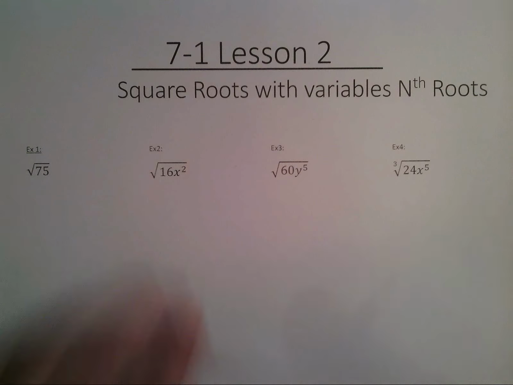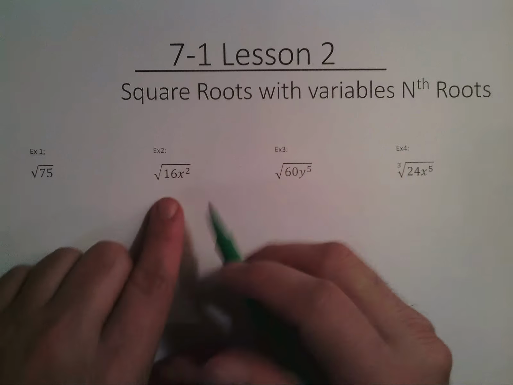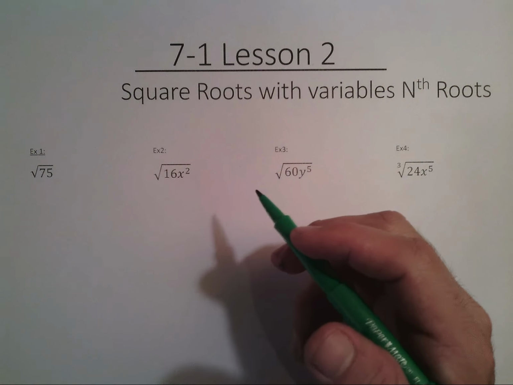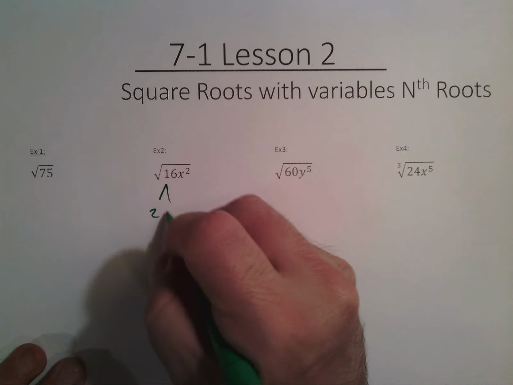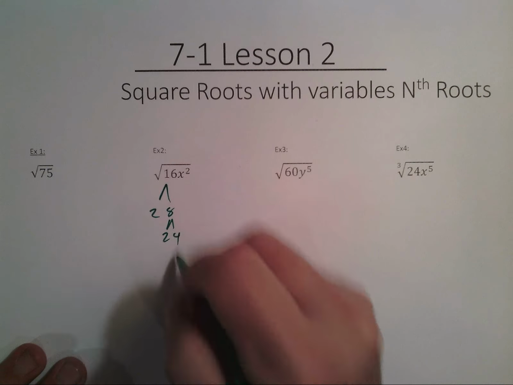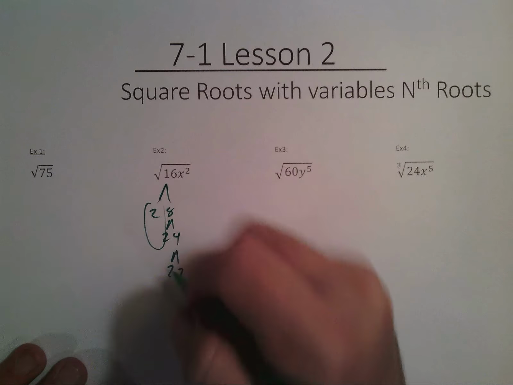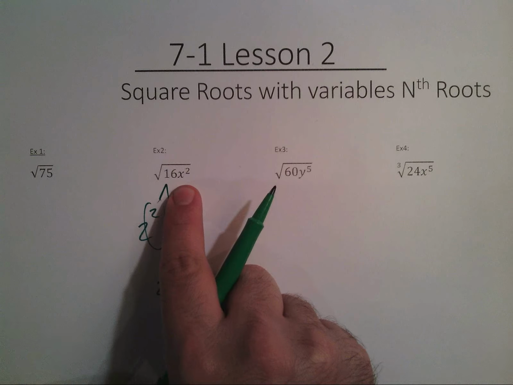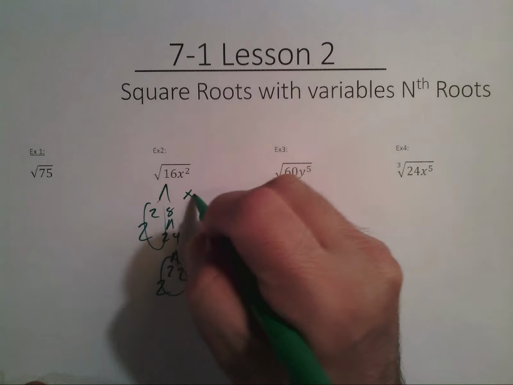Now, example 2, I'm doing the square root of 16x squared. So I'm going to treat this separately. Now what I can do is break up the 16 to be 2 times 8, 2 times 4, 2 times 2, circle my groups of 2, so I pull out a 2, I pull out a 2. Now let's look at the x's. How many x's do I have here? Well, I have 2 of them. X squared is x times x.